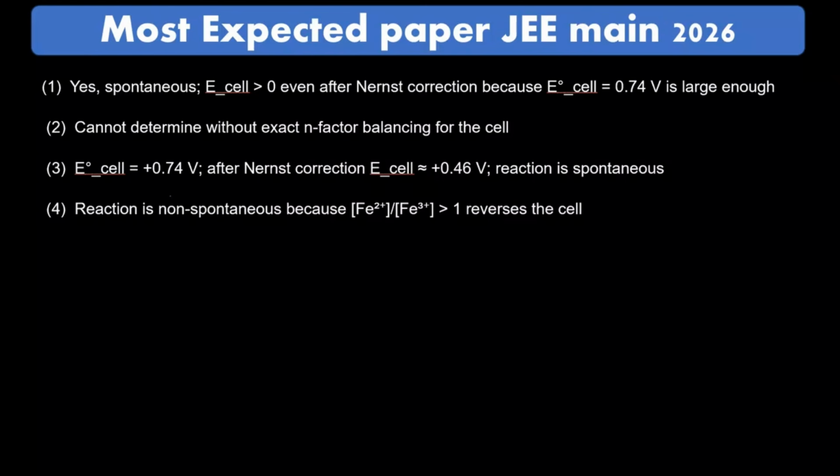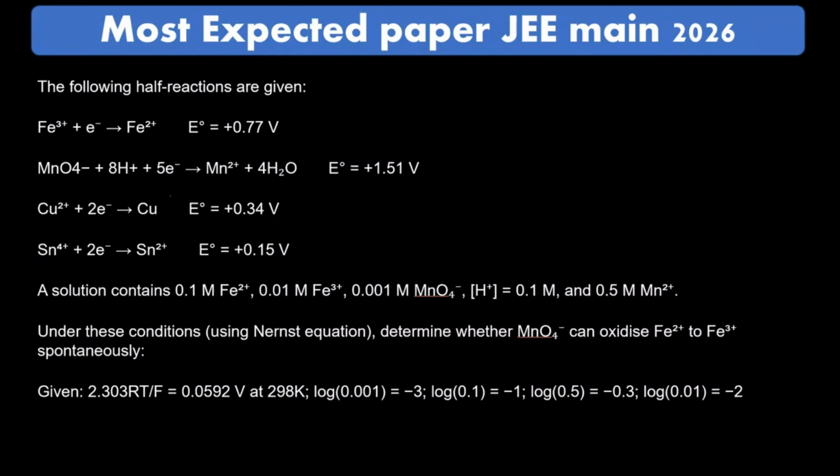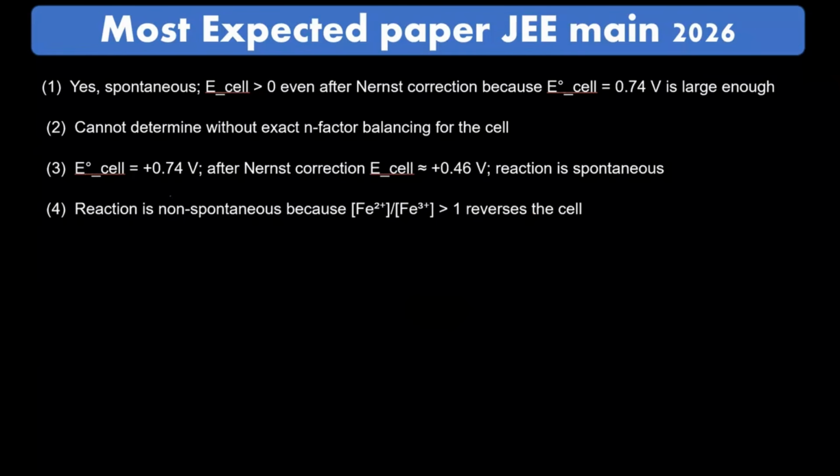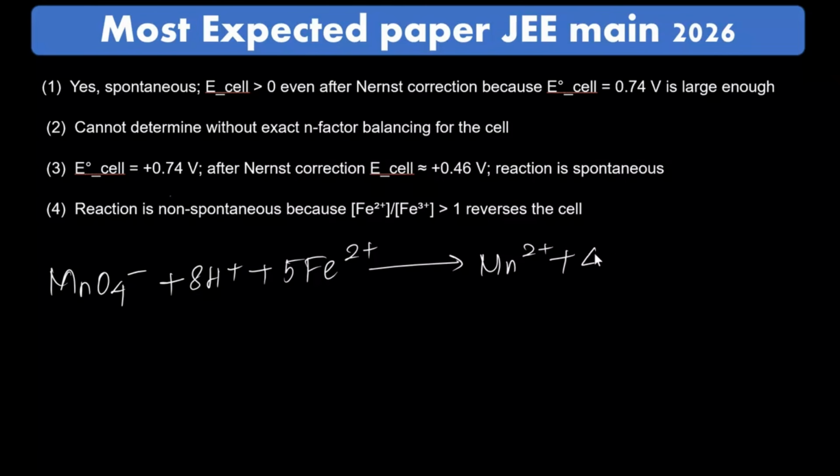So first of all, what is the cell reaction happening over here with Fe? Let me write it over here. MnO4 minus plus 8H plus plus 5 Fe2+ gives Mn2+ plus 4H2O plus 5 Fe3+, right?